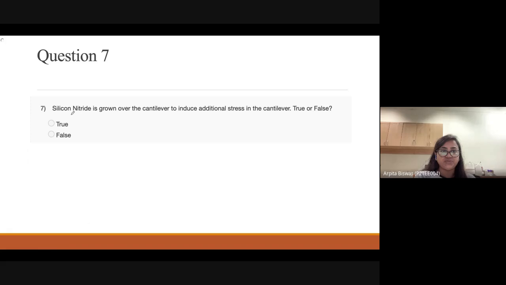So next, move toward question number 7. Silicon nitride is grown over the cantilever to induce additional stress in the cantilever. True or false?